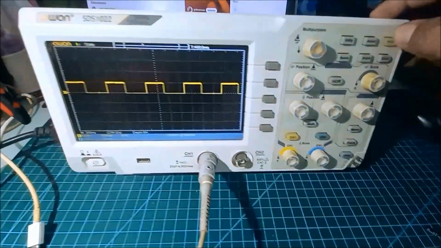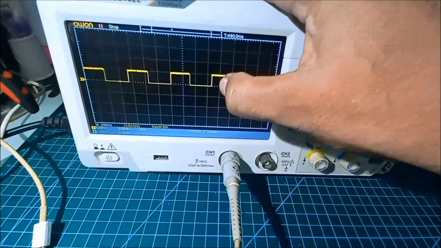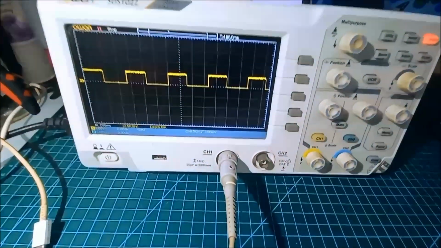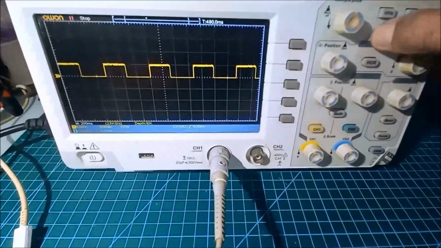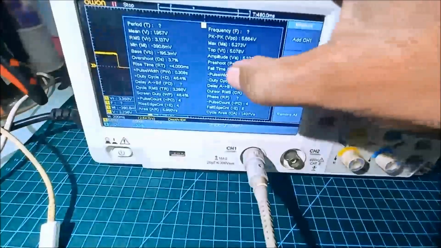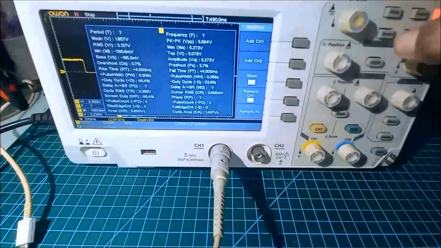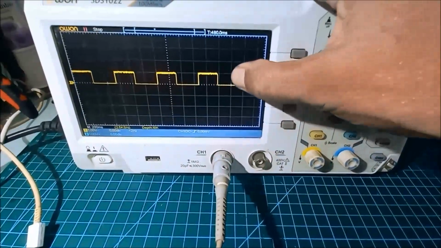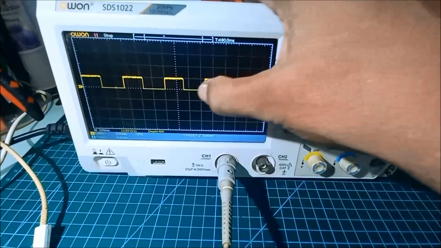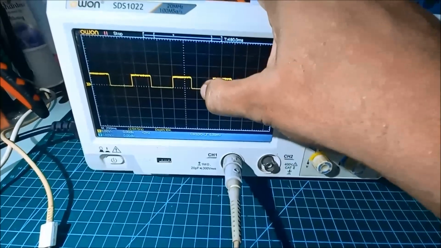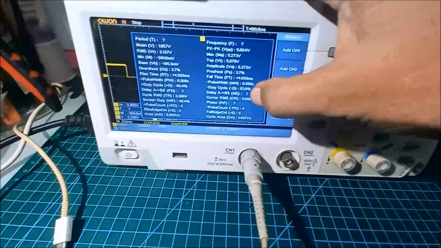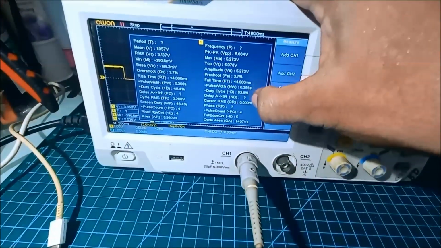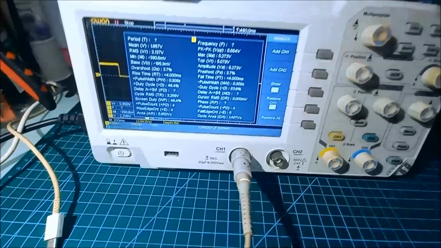So the duty cycle is 46.4. Then the other one, the negative or the off, is 53.6.